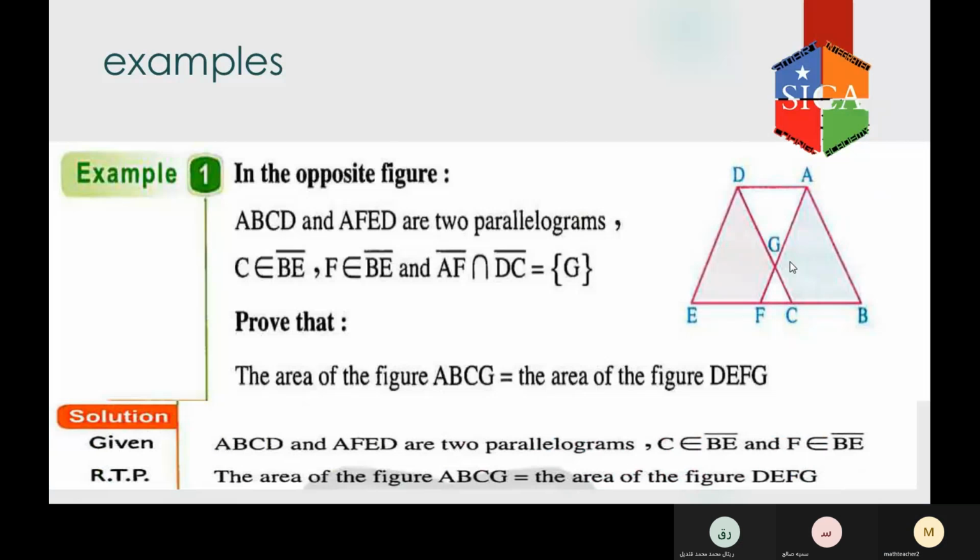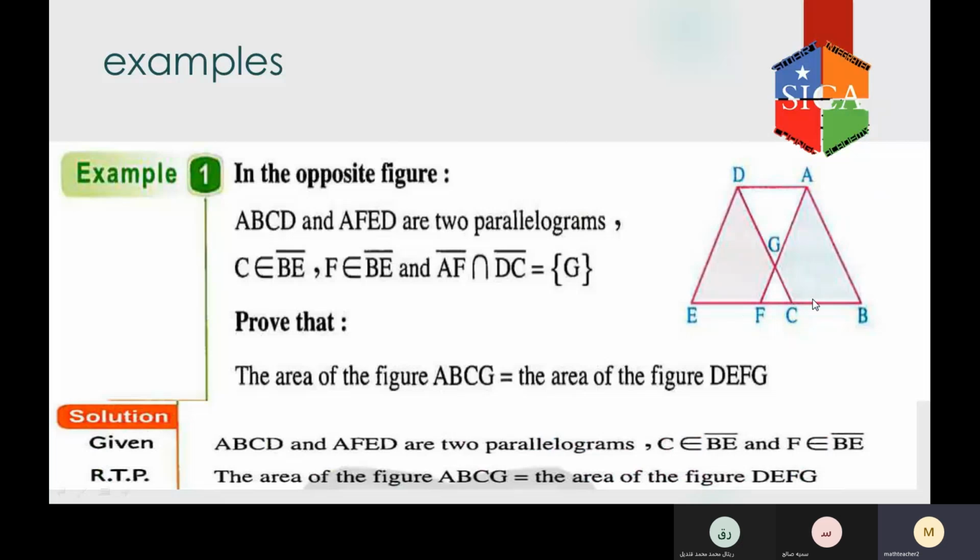Our given: when we solve a geometric problem, we do as follows. Write the given of the problem. Our given here, ABCD and AFED are two parallelograms. We write, and C belongs to BE.